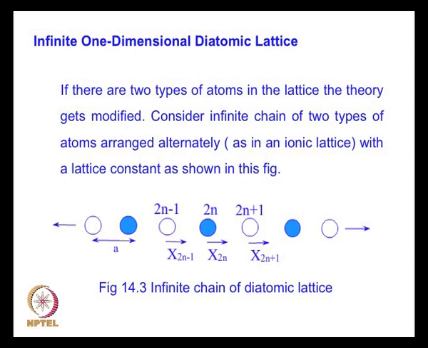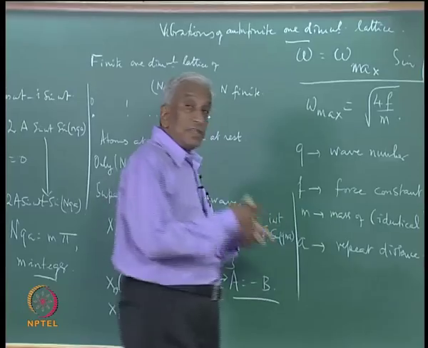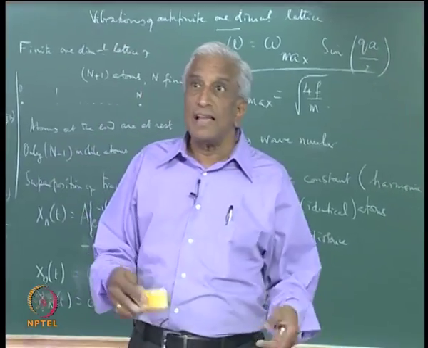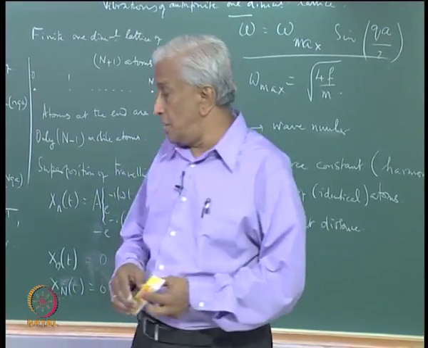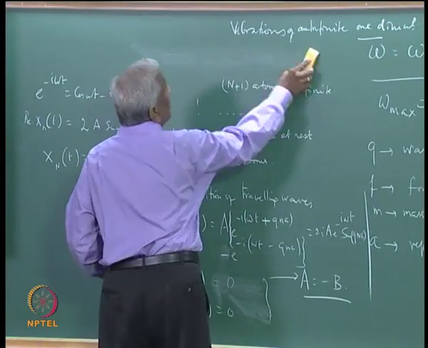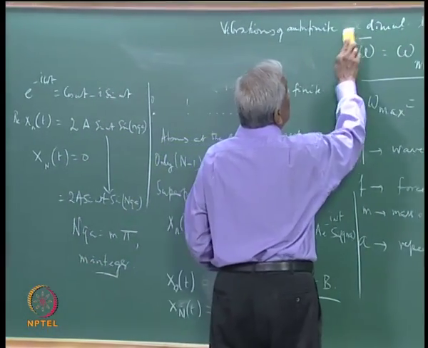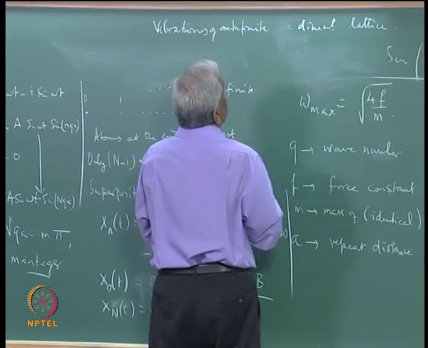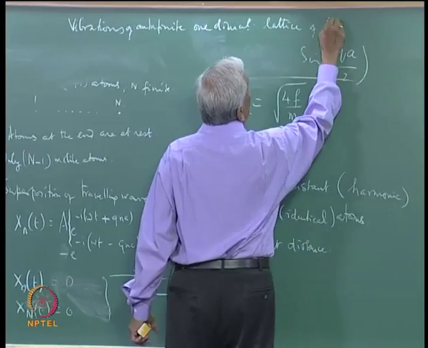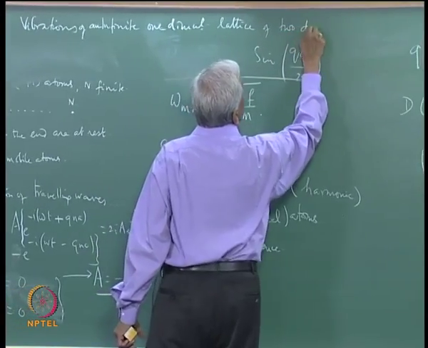Okay, but while we are talking about the lattice vibrations which give rise to phonons with different modes, we will extend this model that we have just discussed to the case of an infinite one dimensional lattice, but of 2 different types of atoms.